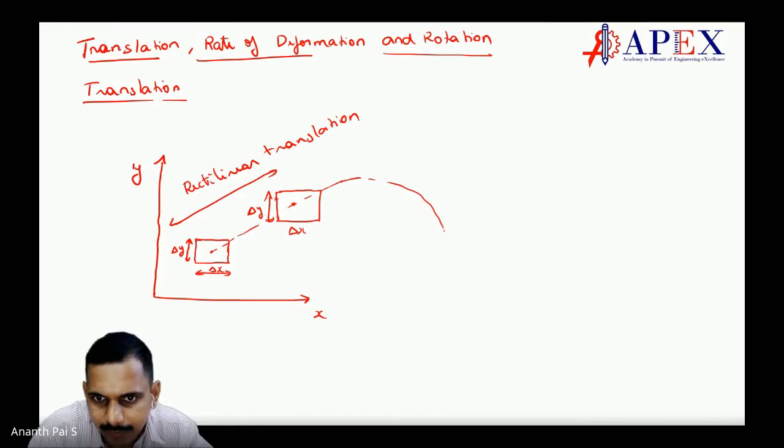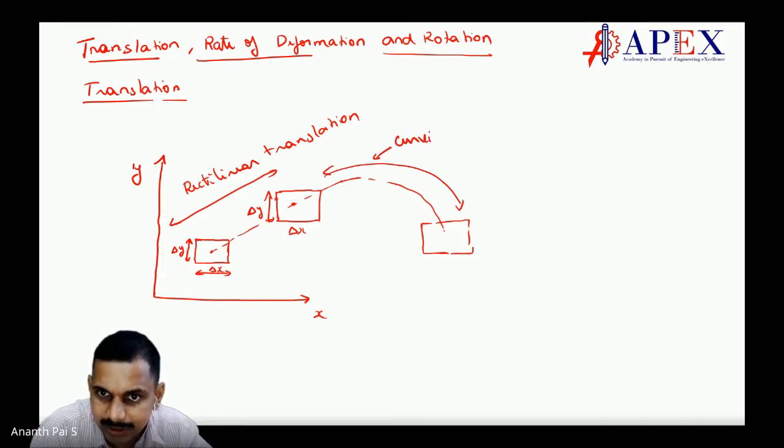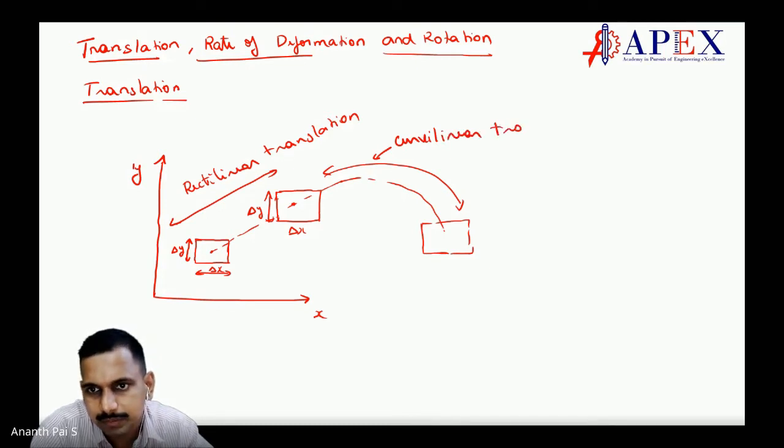And when it has moved here, the position remained the same. From here to here, it was curvilinear translation, but it is still translation. Very important, very simple thing, but still we forget those things.